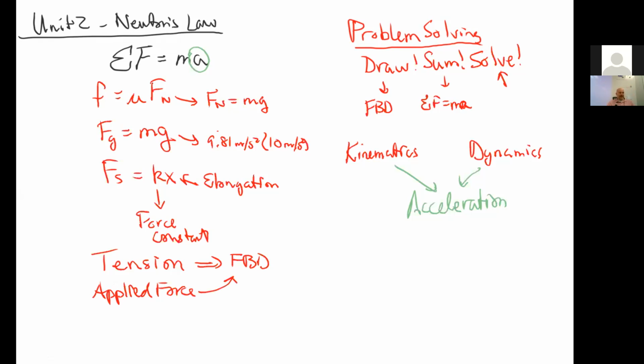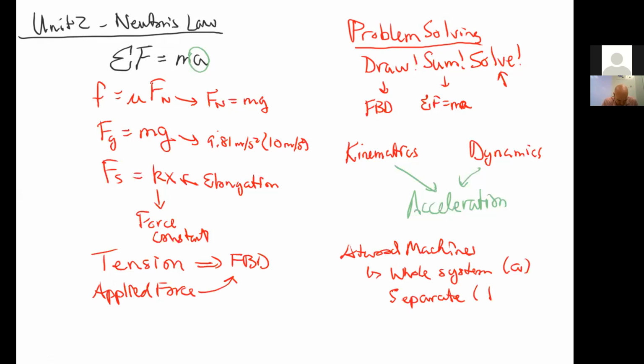And so, like I said, other things that we had were Atwood machines, right? Where we treated it as a whole system to find acceleration. And then we broke it apart into separate systems to find tension. Right?